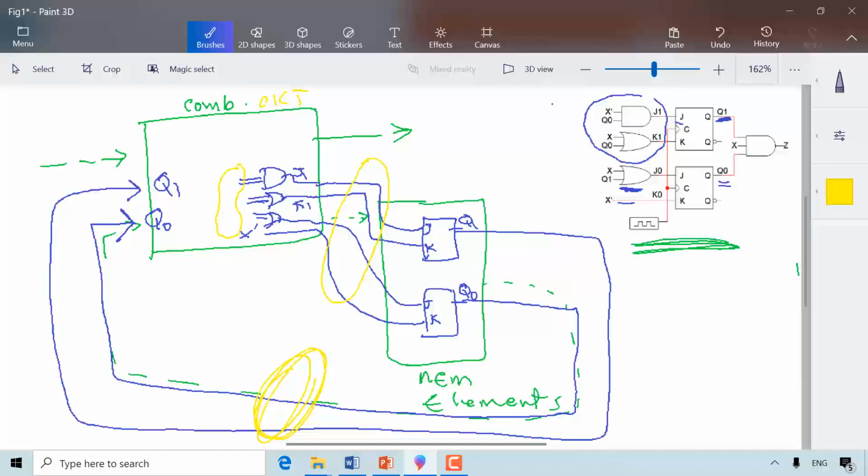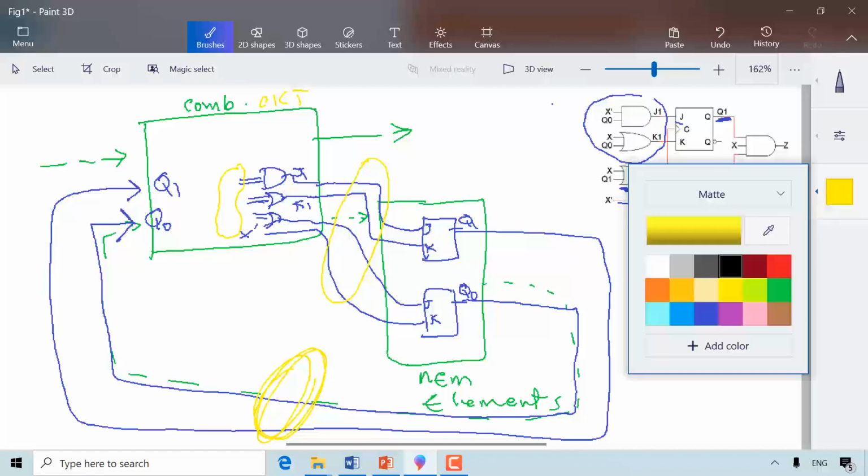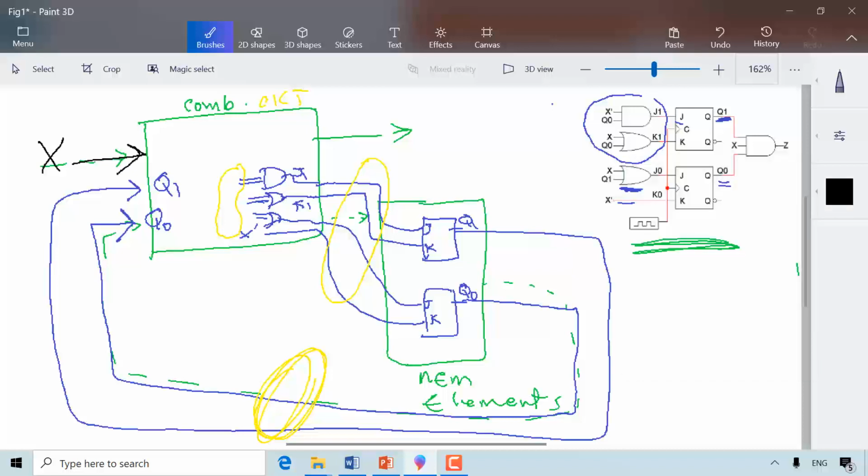Then where is my primary input and primary output? My primary input is X, which gets in here, and my primary output is Z. How do I generate Z? It's an AND gate of Q1, Q0 and X.